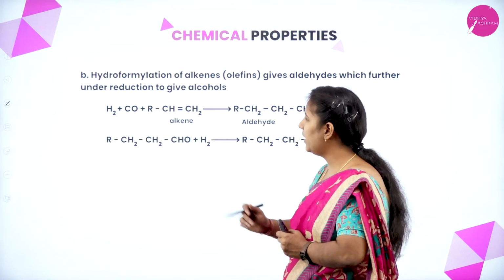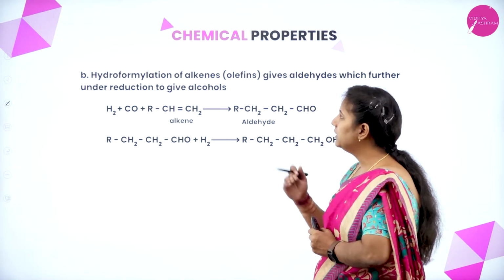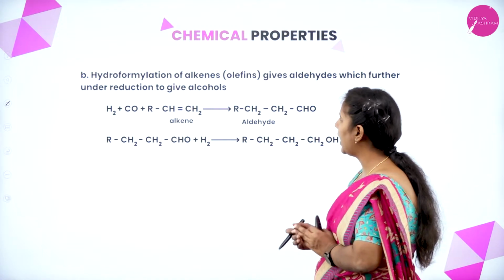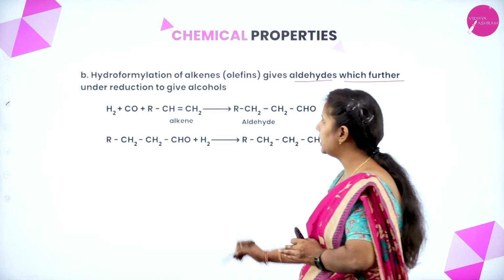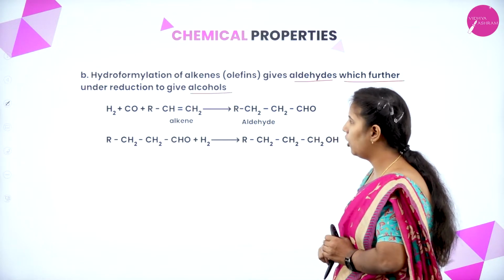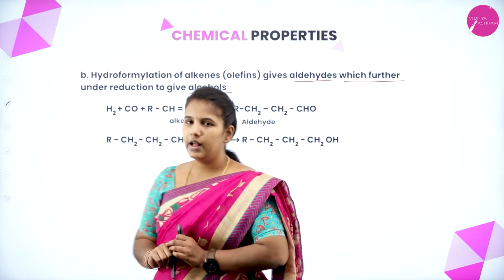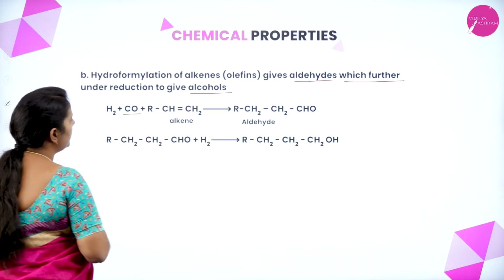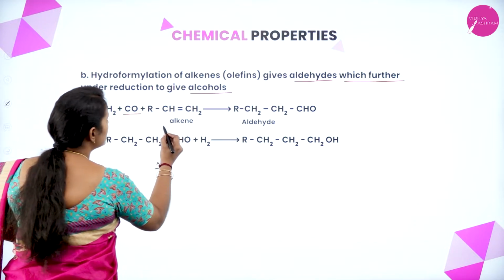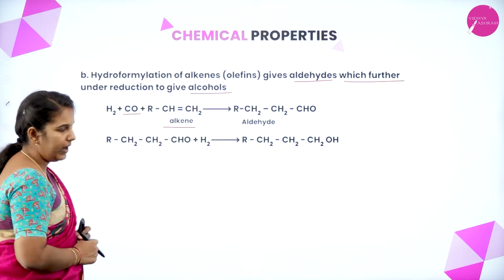Next, we have one more reaction. The hydroformylation of alkene gives aldehyde, which further undergoes reduction to give an alcohol. Here you can see that I have used dihydrogen, which is allowed to react with carbon monoxide as well as with the alkene. What will happen?